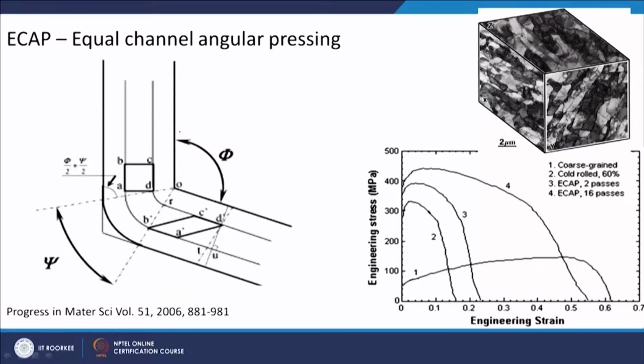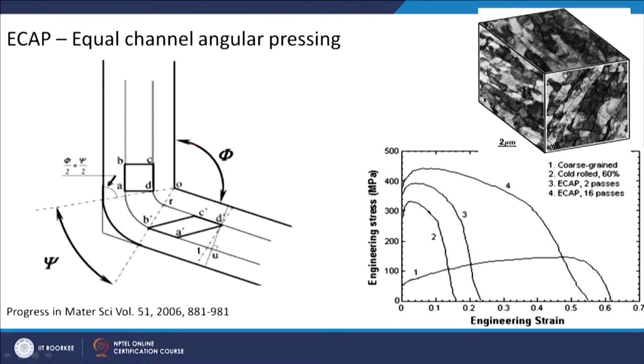If you see in more detail how the die will be, you have different angles shown here to design the die, what the angle psi will be here and what the angle phi will be here. You can take different angles, and depending upon these angles the amount of strain you are putting in is decided.